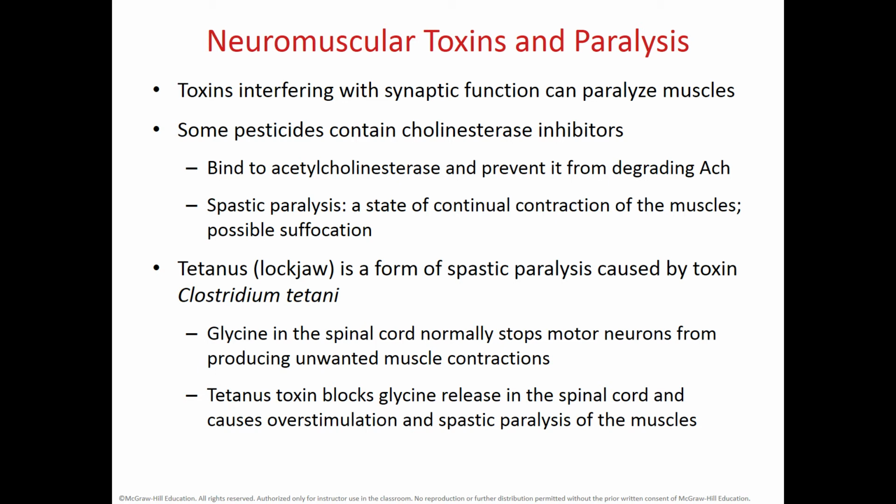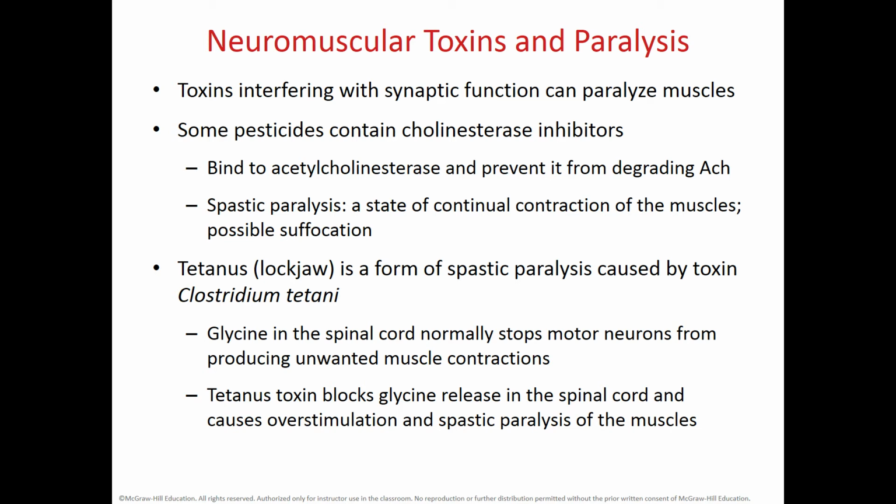Another cause of this paralysis is an infection by a bacteria called Clostridium tetani, which is going to cause tetanus or lockjaw. In this case, this is a spastic paralysis caused because this bacteria releases a toxin known as tetanus toxin that is going to block a neurotransmitter called glycine.